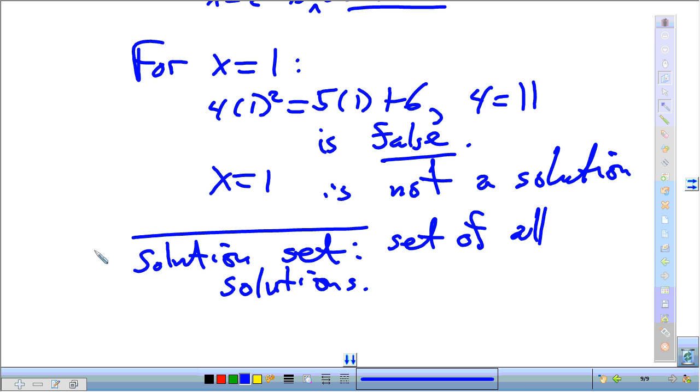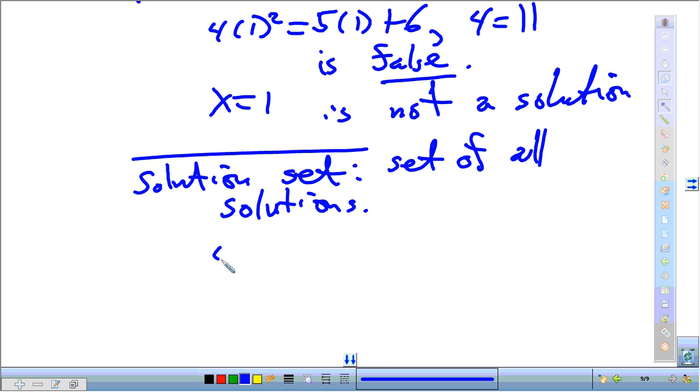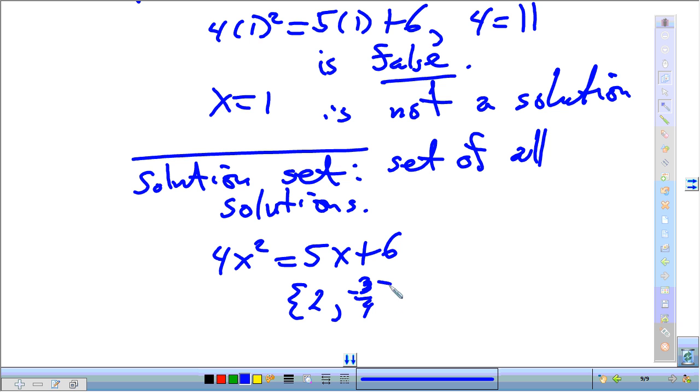So for this example, 4x squared equals 5x plus 6, we determined 2 was a solution, but it also turns out that minus 3 over 4, when substituted, makes a true statement. And those end up being the only 2. So it has a solution set of 2 things. So, expressions, polynomials, powers, equations, solutions of equations.